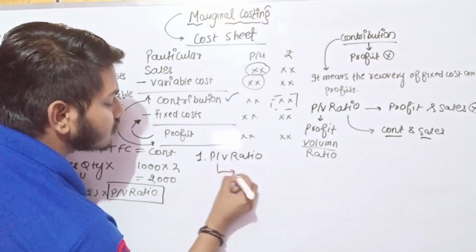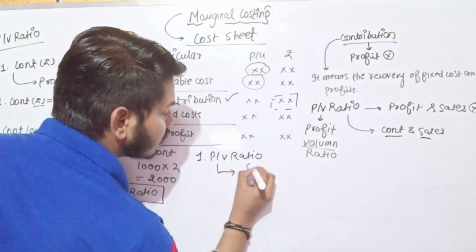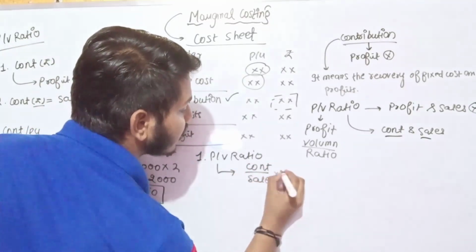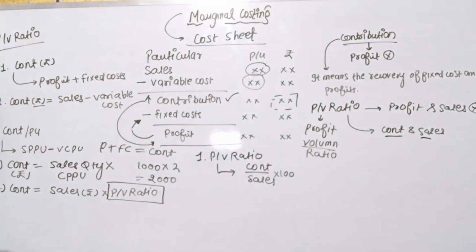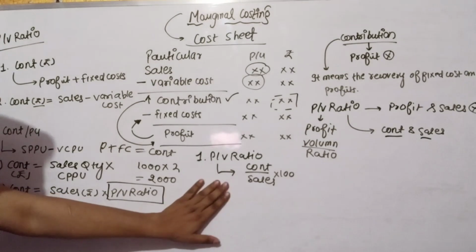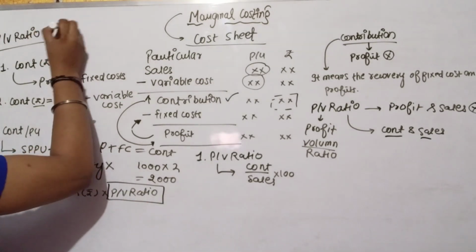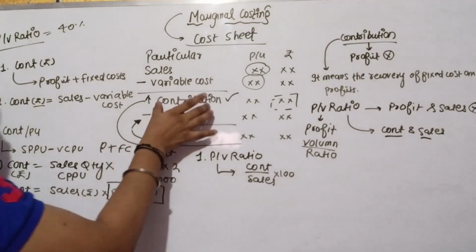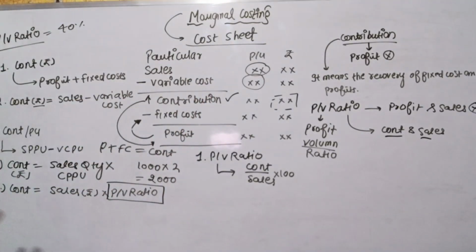PV ratio is contribution divided by sales multiplied by 100. If, let's say, PV ratio is 40%, it means the contribution is 40% of sales.